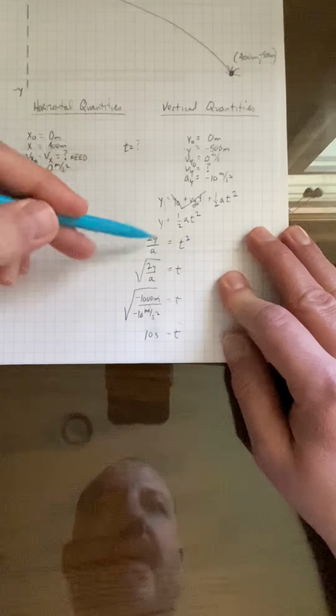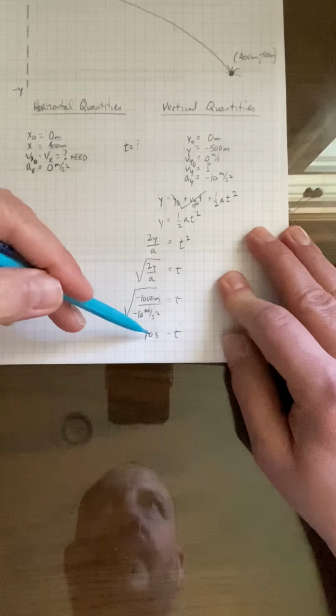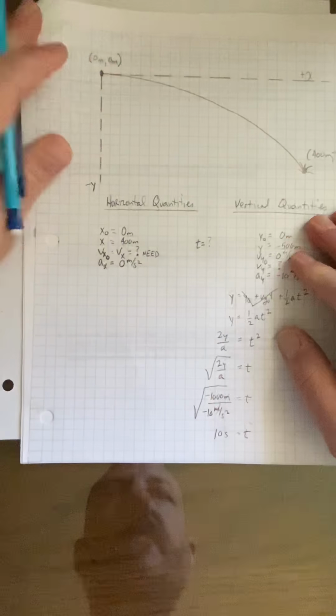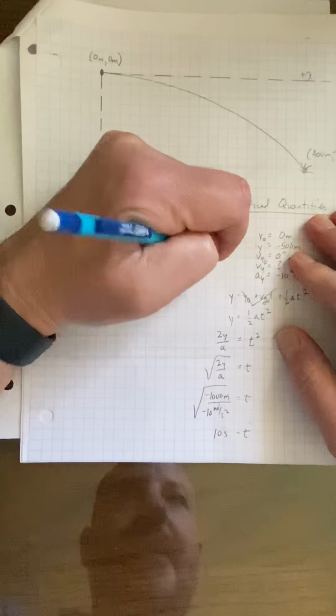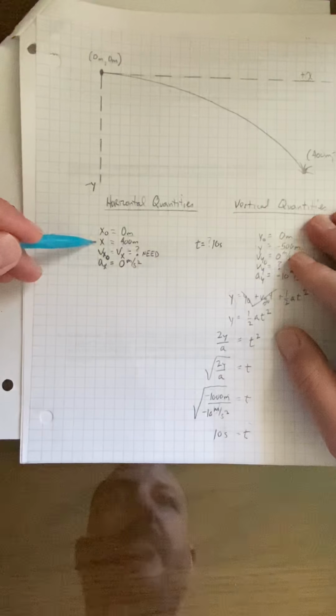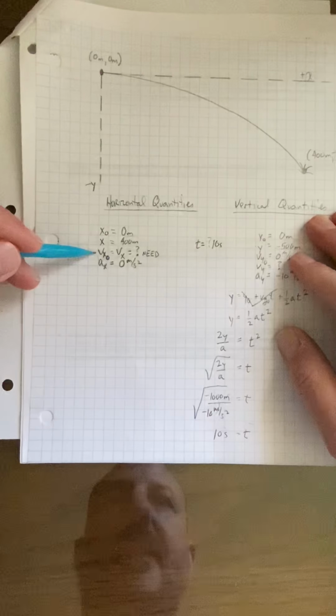Not only did the bottle fall for 10 seconds after it was released, additionally, the bottle moved sideways during that 10 seconds. So now that I know my time is 10 seconds, I can go back over here. I know it moved 400 meters sideways in 10 seconds.